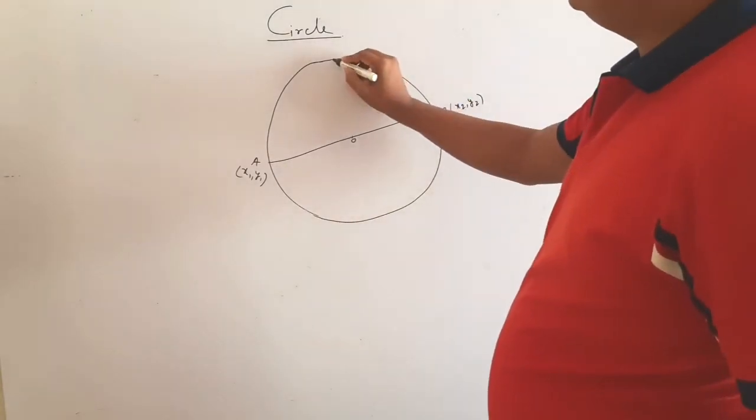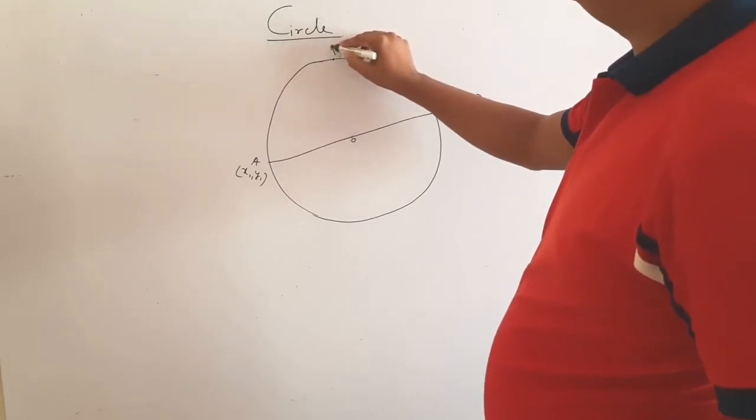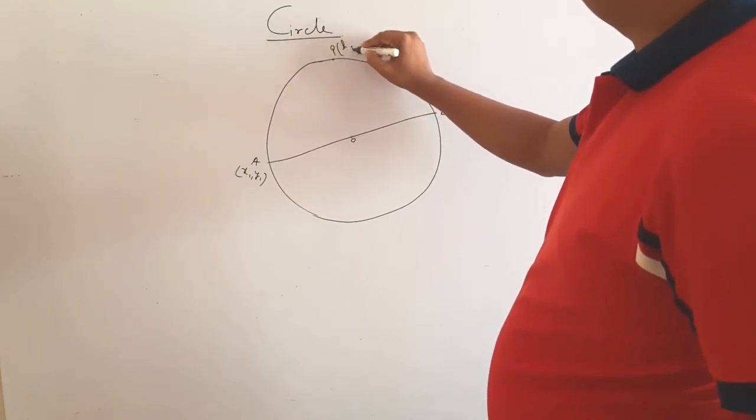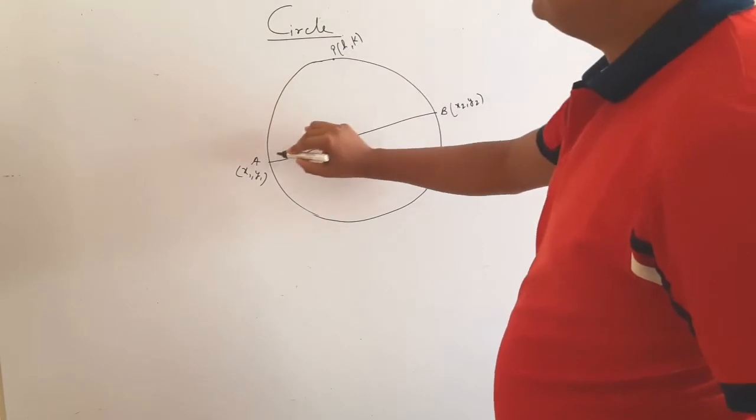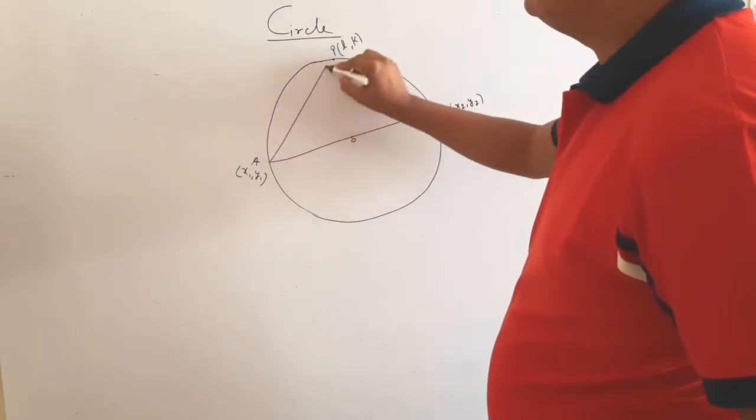We assume our moving point, whose locus we are trying to find, is P at (h, k). So just join.